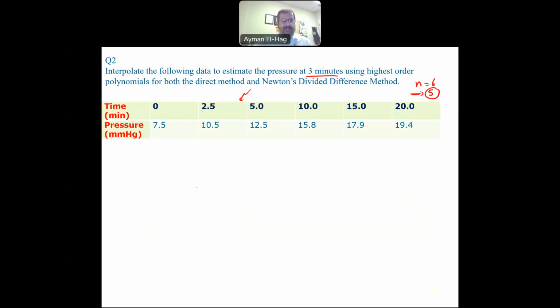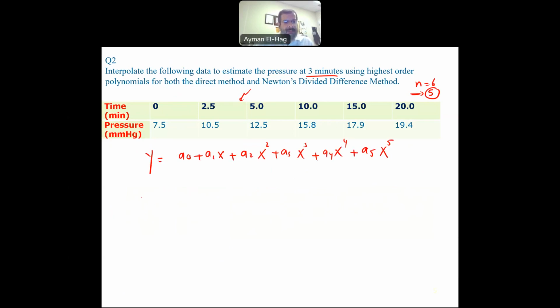So basically your function y is equal to a0 plus a1x plus a2x squared plus a3x cubed plus a4x to the power 4, and finally plus a5x to the power of 5. Now substitute.